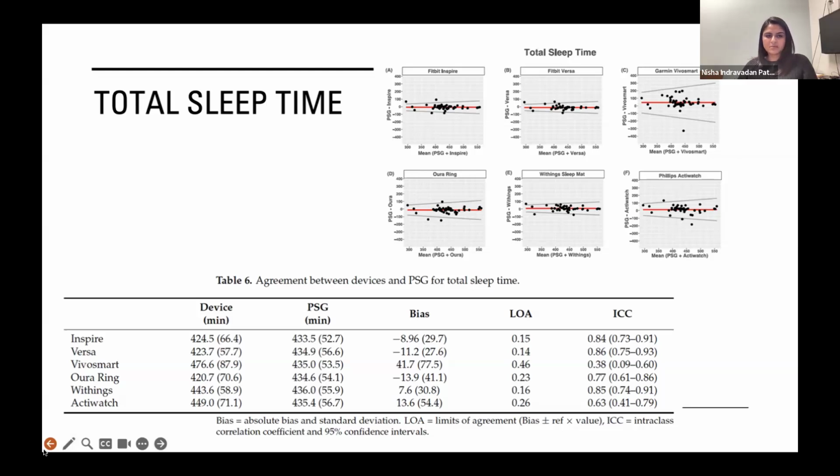And then in terms of agreement, which is when we're looking at the LOA, the limits of agreement, it looked like the Inspire, the Versa, the Oura Ring, and the Withings had appropriate agreements, whereas the other devices did not.